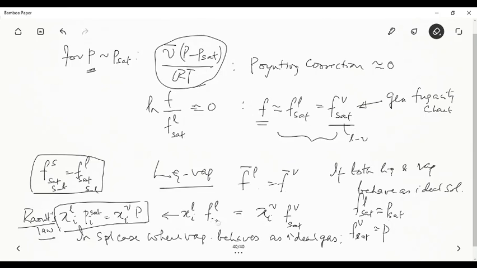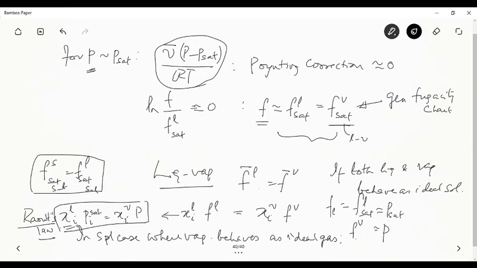So this FV becomes equal to the pressure of the mixture of gases on the vapor side, whereas this FL becomes equal to FL sat according to this expression, which is nothing but P sat in the ideal gas limit. So you get XiL into P sat is equal to XiV into P.